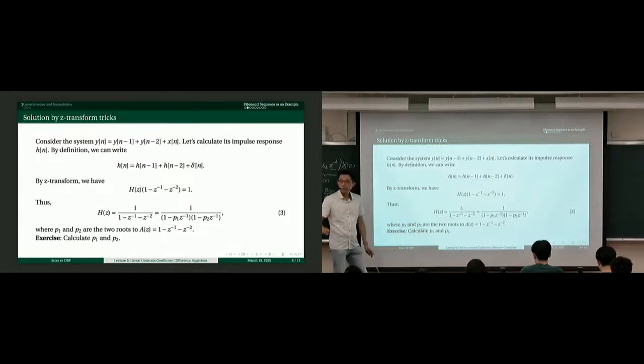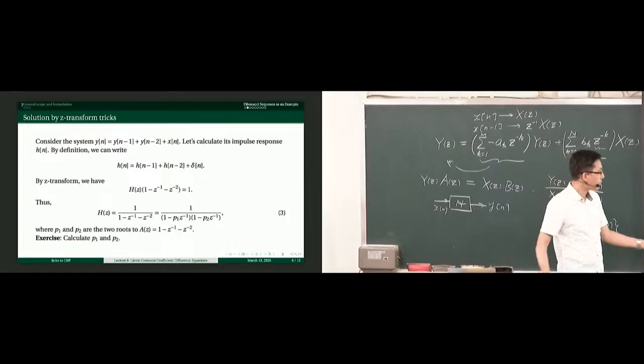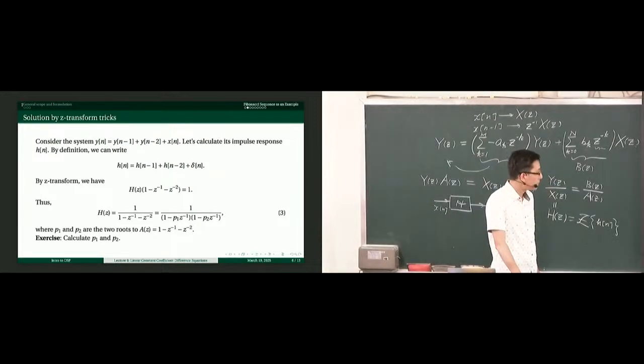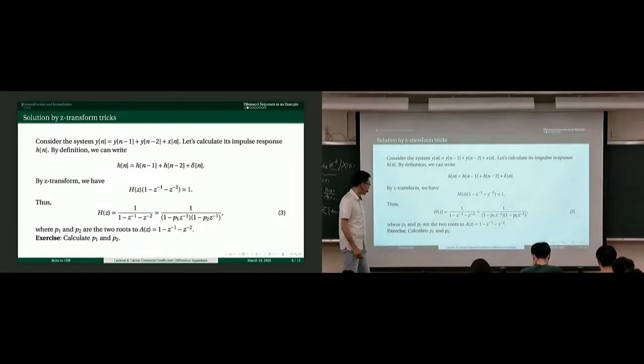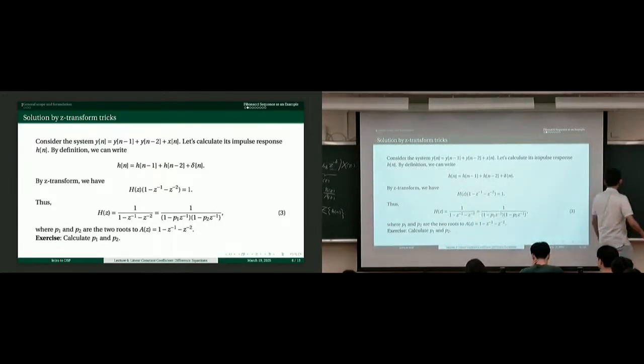So please spend some time to make sure you are familiar with this notation. But otherwise, this is nothing but factorization, simply the relation between roots and coefficients. So far so good. So in principle, we can do that, where P1 and P2 are the 2 roots to this polynomial. So let's calculate P1, P2, shall we? How do we calculate P1, P2?